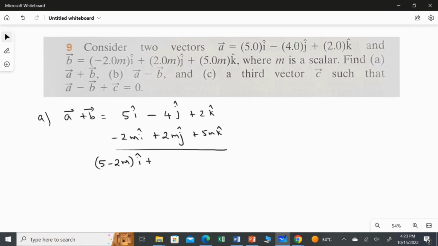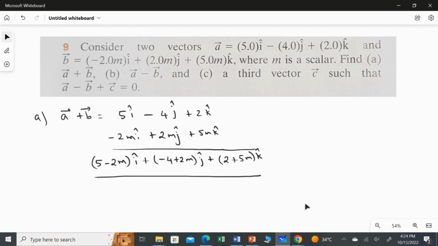Plus minus 4 plus 2m j cap plus 2 plus 5m k cap. So this is the answer for the first part. Clear? We just do the normal addition method here.